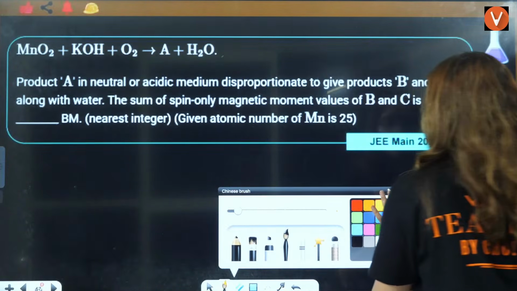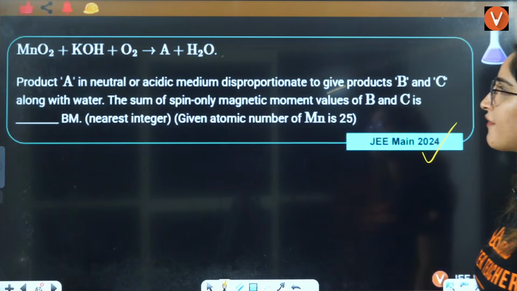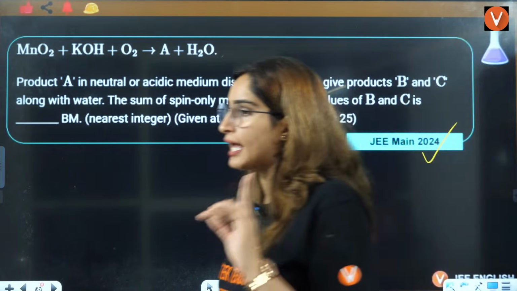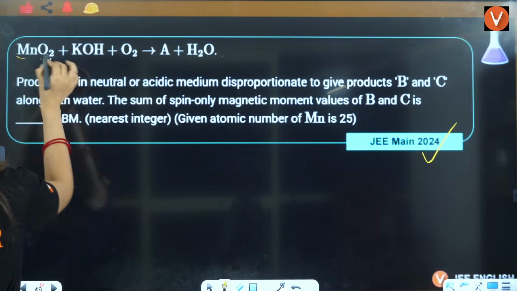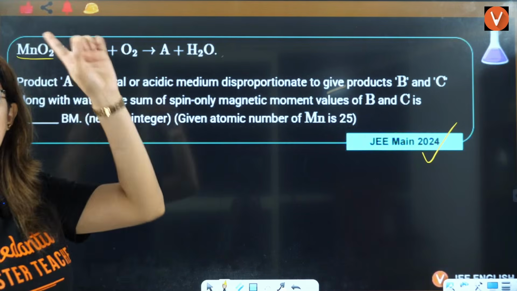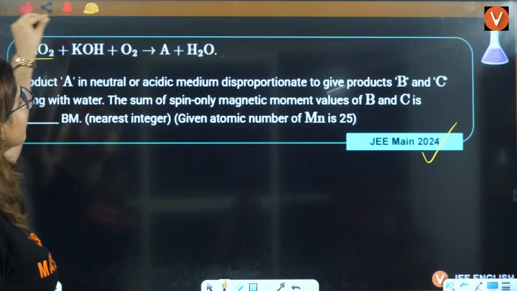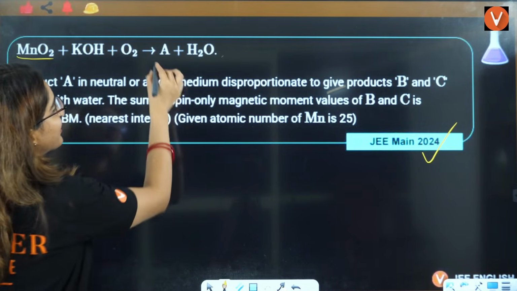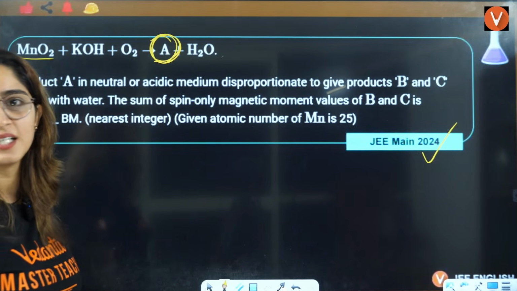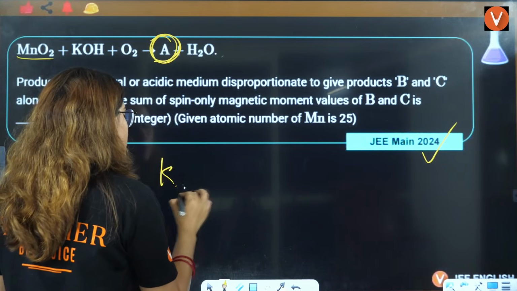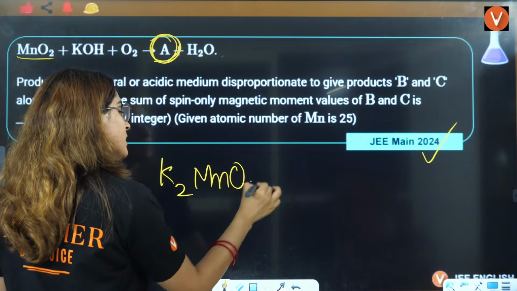Okay. So JEE 2024, they have asked on a similar note, a question from the preparation. You have pyrolusite ore, if you remember, MnO2, in presence of base and oxidizing agent, what will it give? This is very simple. What is this, A? This is the permanganate ion, KMnO4.